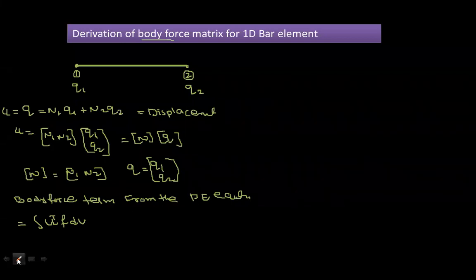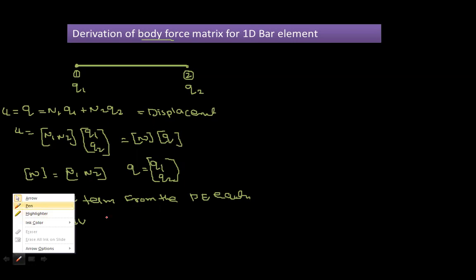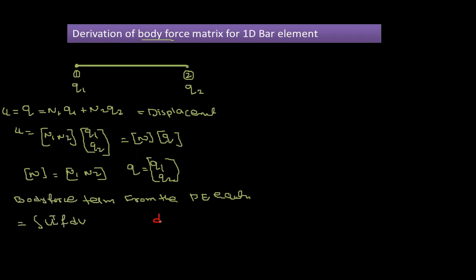Now the dV can be written as area into dx. Therefore the body force term can be rewritten as the integral of u transpose into F into area into dx.